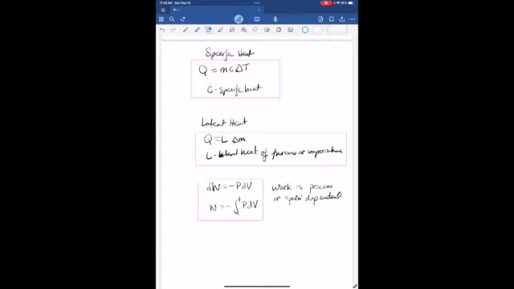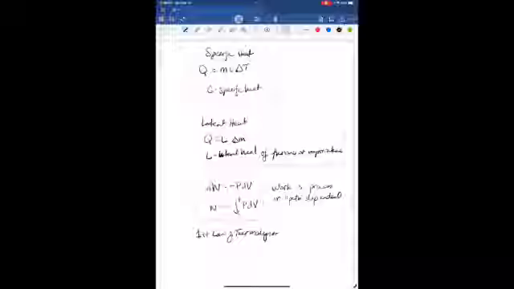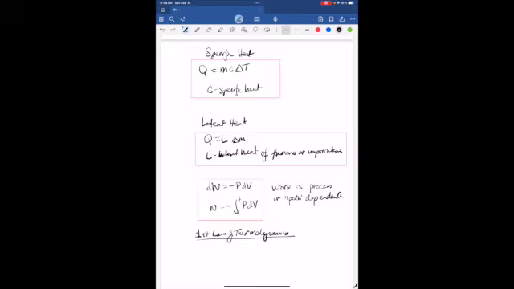All right, next, we introduced the first law of thermodynamics. You'll recall the first law was a restatement of energy conservation in thermodynamics.